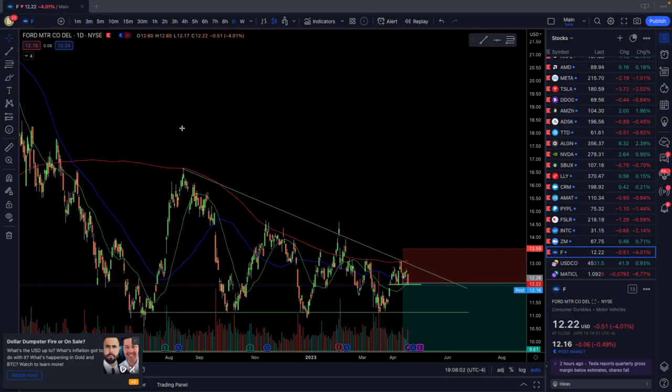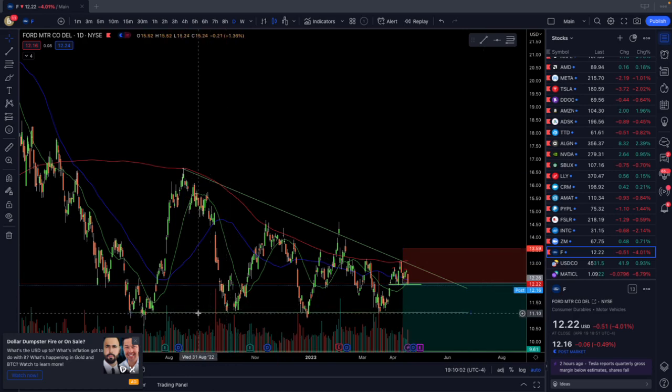As we can see on Ford stock, we have what's called a symmetrical triangle. This is a bearish symmetrical triangle where price is being resisted from a downtrending trend line. And if we draw that trend line, it forms a symmetrical triangle.